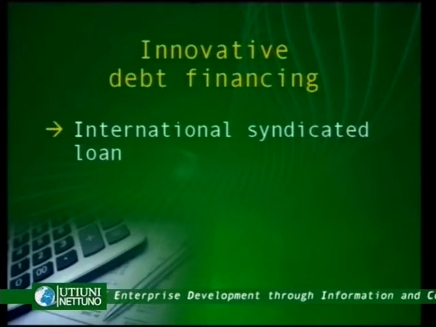So this is a loan that is negotiated with financial investors. The difference from the loan that we have already considered among the traditional sources of financing is that in this case there is not only one bank that is providing the loan to the firm, but there is a syndicate of banks.